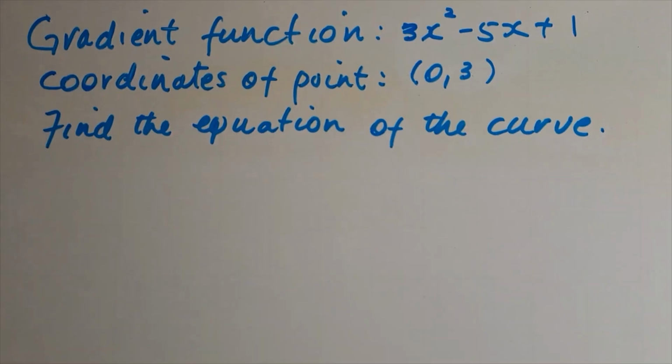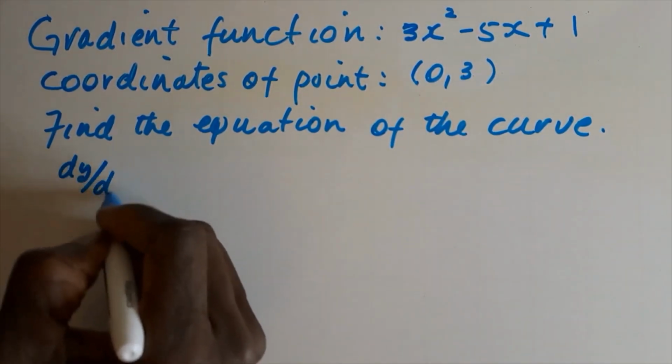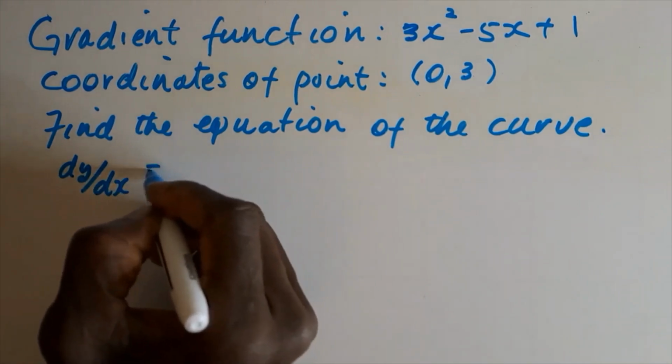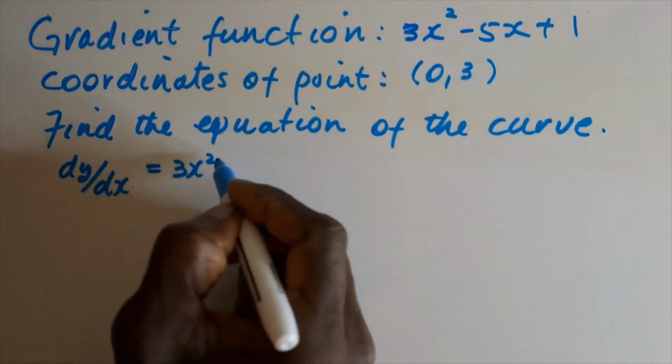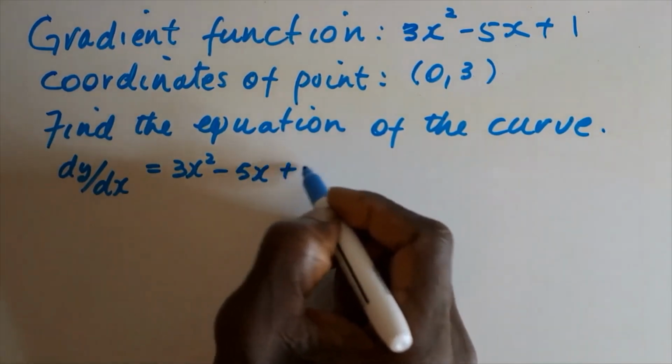Hi, this time we're given the gradient function being 3x squared minus 5x add 1 and the coordinates of a point on the curve 0, 3. And we're required to find the equation of the curve. As we said earlier on, dy dx is our gradient function. This is equal to 3x squared minus 5x add 1.